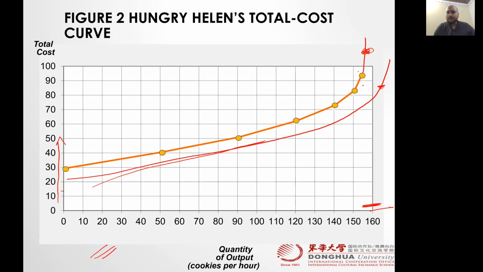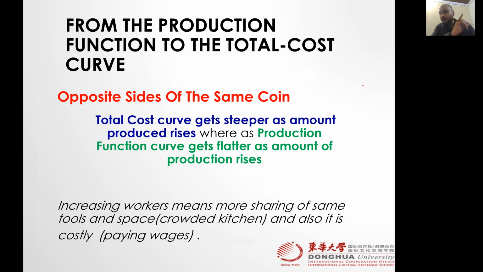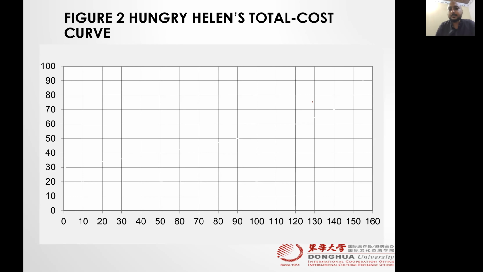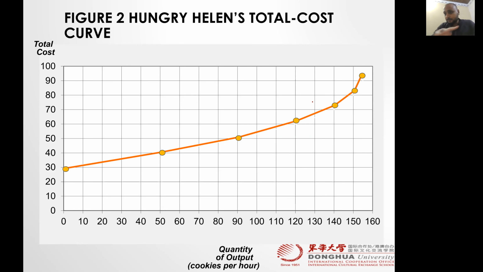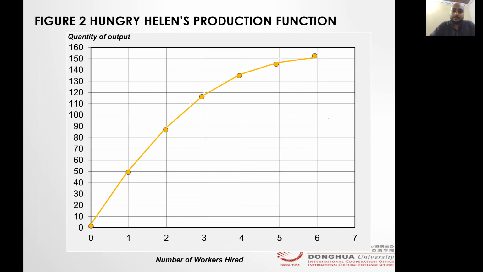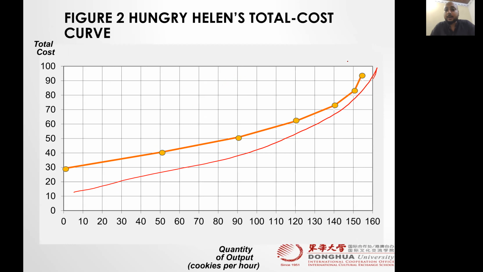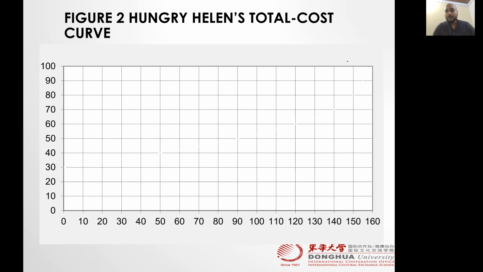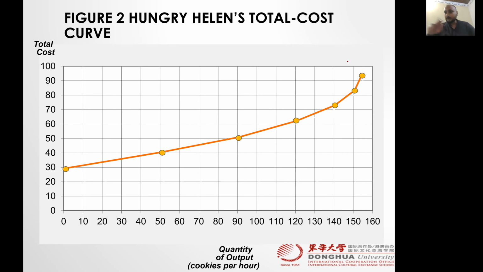Compare this total cost with the production function. They are opposite sides of the same coin. How? Let's see that. So this is total cost, and this is production function. Same two sides of the same coin. Again, total cost goes up with the increase in output.